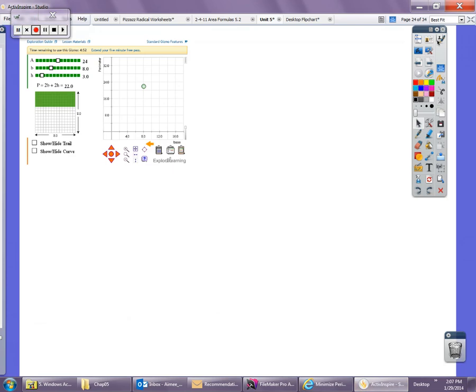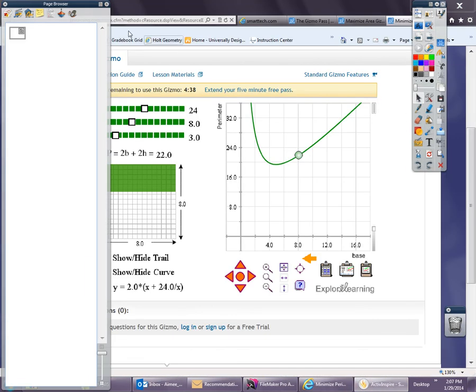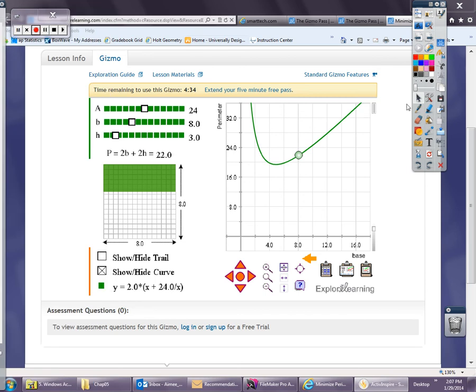So again, if I'm looking at the curve of this figure, my y value is my perimeter, and I want to find out where it's the smallest. So I want to know what the dimensions of this rectangle are in order to get the smallest perimeter.